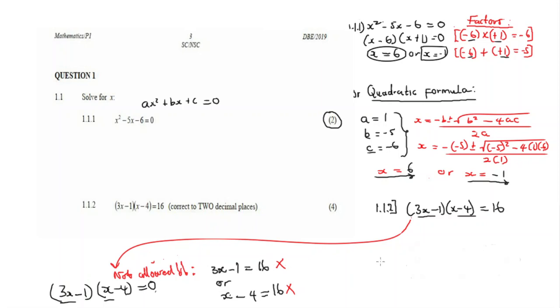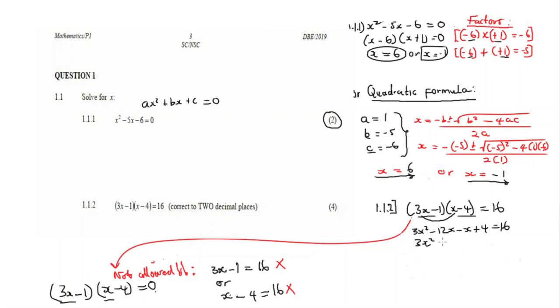If you do that, it's going to be wrong. So therefore we have to multiply out these brackets first. 3x times x gives 3x squared, and 3x times -4 is -12x. Minus 1 times x is minus x, and minus 1 times -4 is plus 4, equals 16.